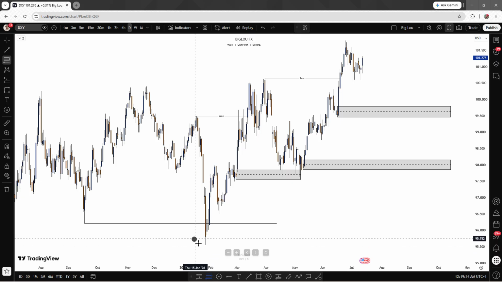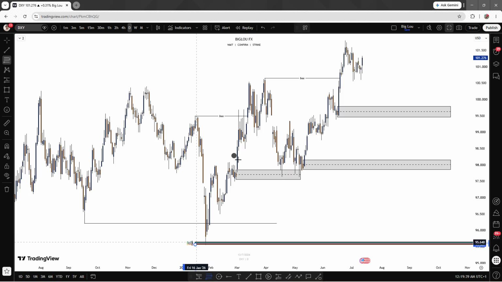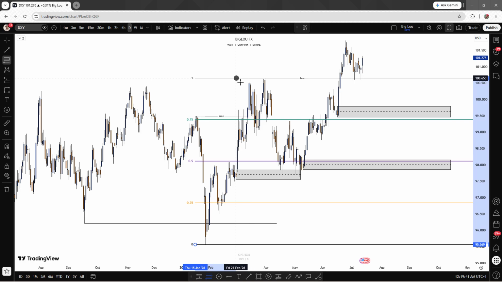When you look at this trading range, from this low to this high it created, you could see that I divided my Fibonacci tool into four equal parts. Each part is a quarter.